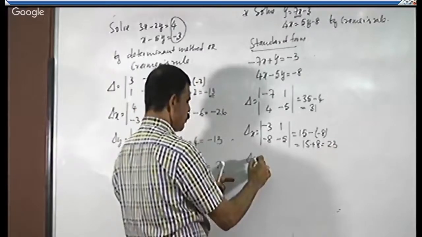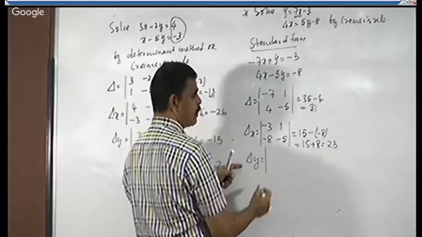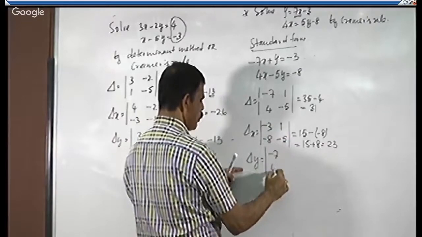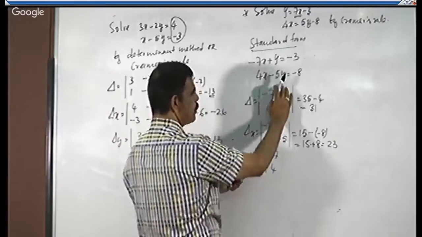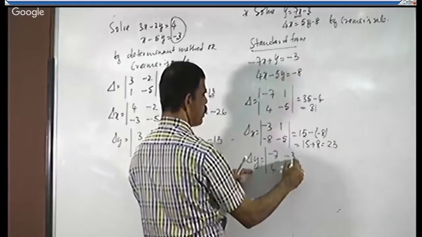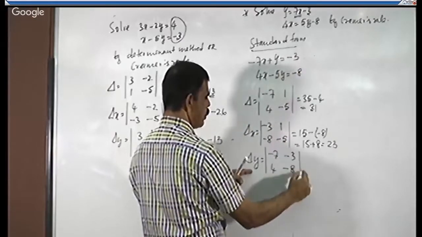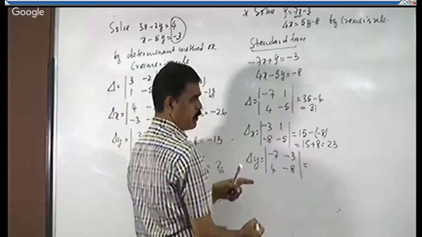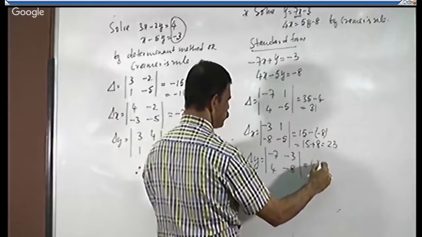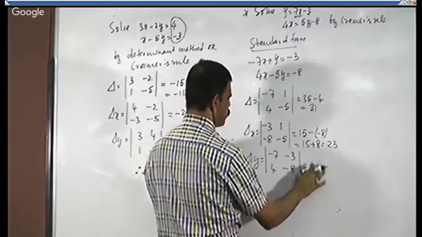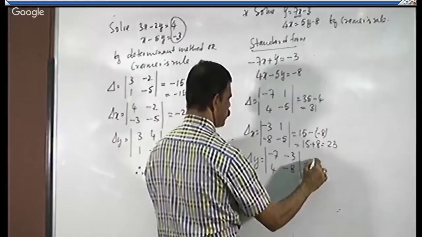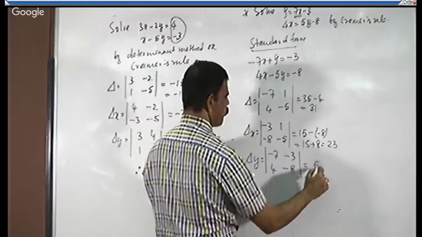Then write delta y. Delta y is equal to what? The x coefficients have to be taken as they are. The y coefficients in delta should be replaced by constants, right? Minus 3, minus 8. Expanding. Minus into minus plus 7 into 8, 56.